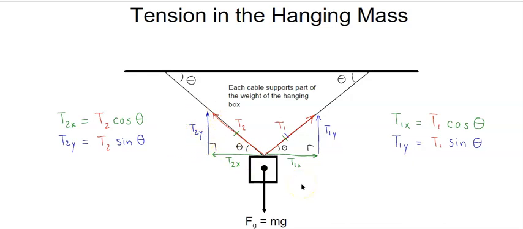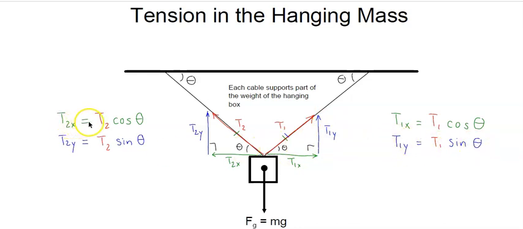Let's take a look at the trigonometry for the vector resolution. T1x is adjacent to the angle theta. So T1x will be equal to the full tension times the cosine of this angle. And T1y is opposite. So therefore it will equal T1 sine theta.